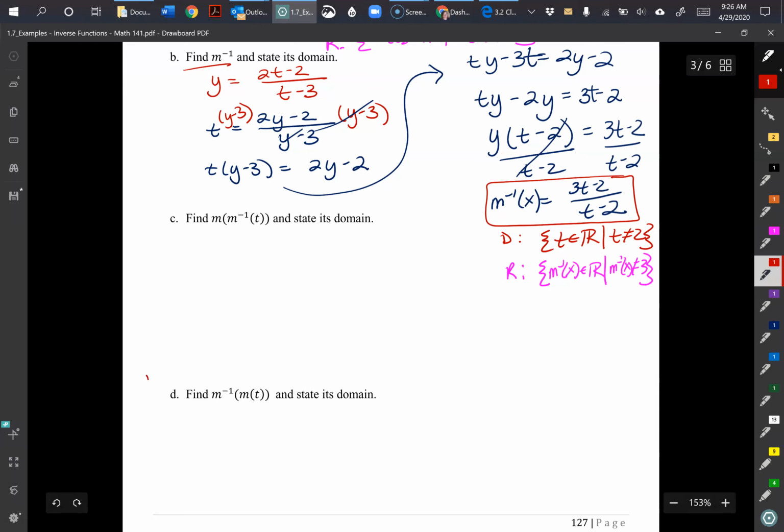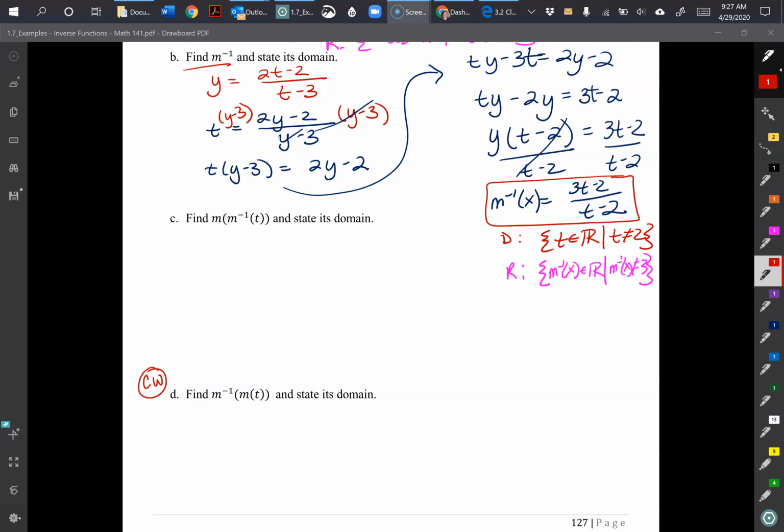They both involve some tricky stuff. So I will say that one's classwork and I'll do this one here, the C, right now. Then you'll pause and finish it up. Find m of m inverse of t and state its domain.